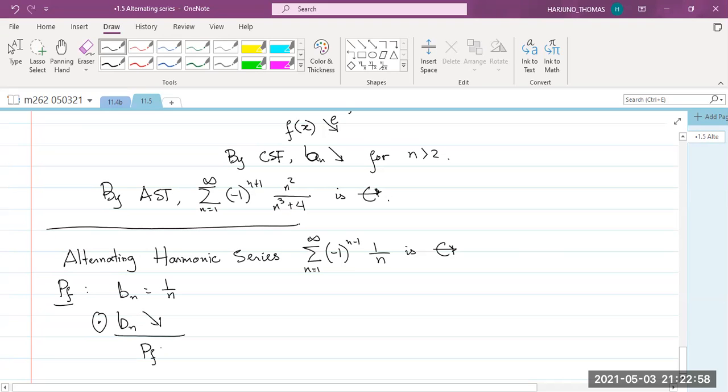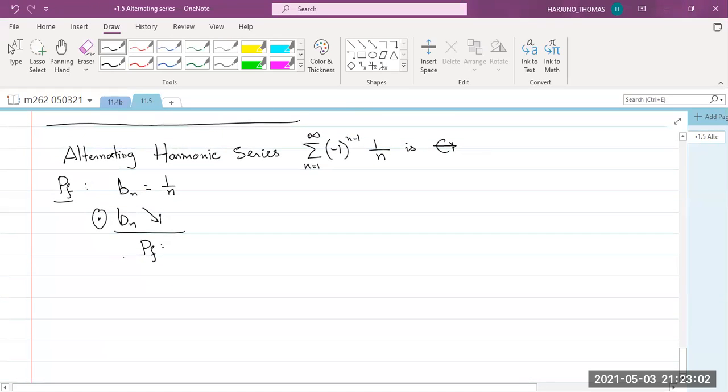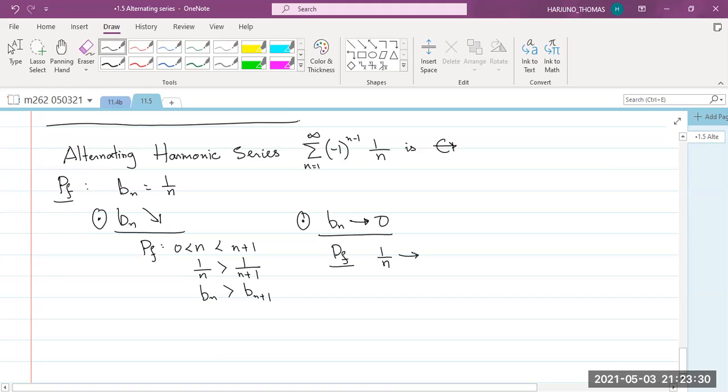Proof: n is less than n plus 1, and at the same time is positive. So for the reciprocal, you reverse the inequality, so b sub n is greater than b sub n plus 1. Next, b sub n is convergent to 0, which is clear, right? 1 over n converges to 0.